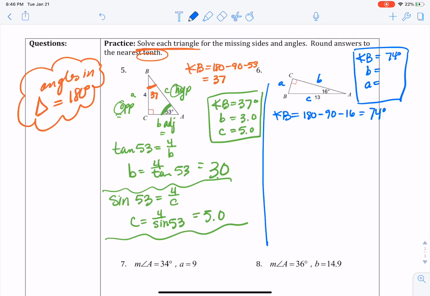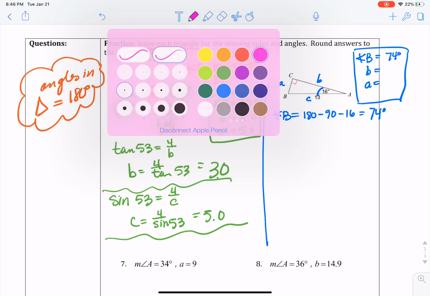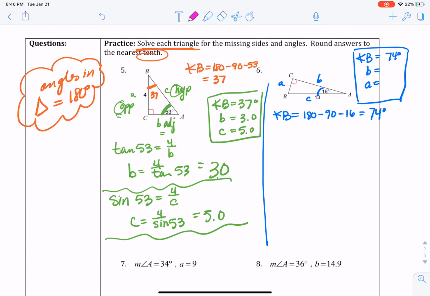And then for angle C, as my reference, just because, like I said, I prefer to use work that I've been given, not work I solve for, this is opposite, the hypotenuse, and adjacent.